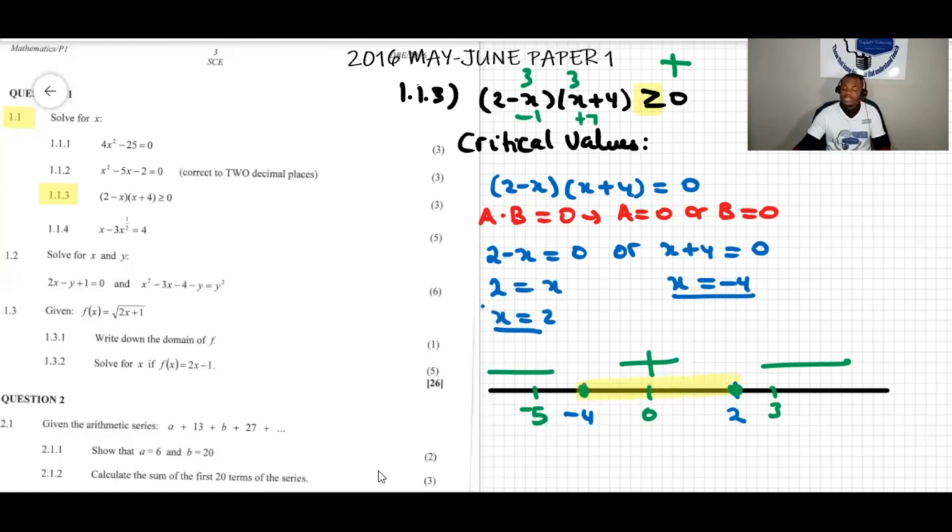The solution is not here, and it's not there either. So the solution for this question is -4 less than or equal to x less than or equal to 2. This is the interval over which this inequality is positive, greater than or equal to 0. Thank you.